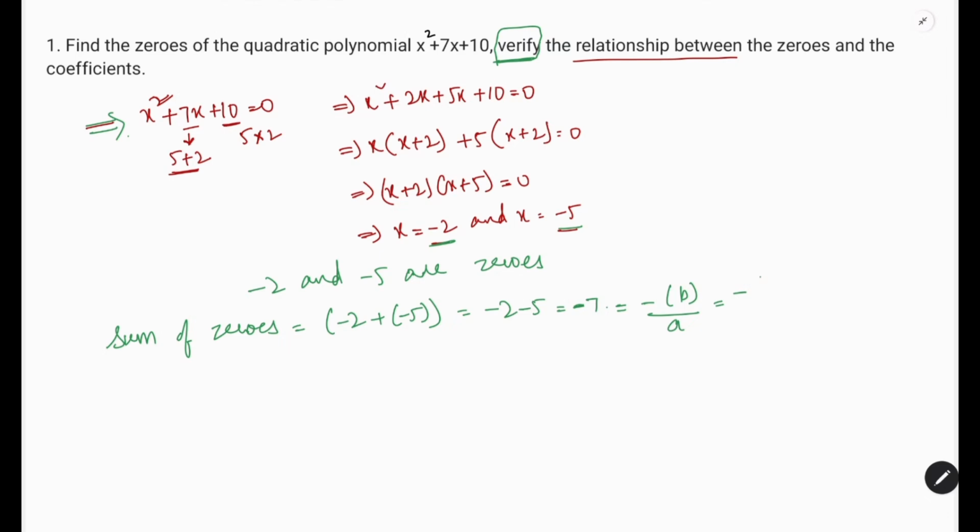Here what is b? Minus of coefficient of x divided by coefficient of x square.